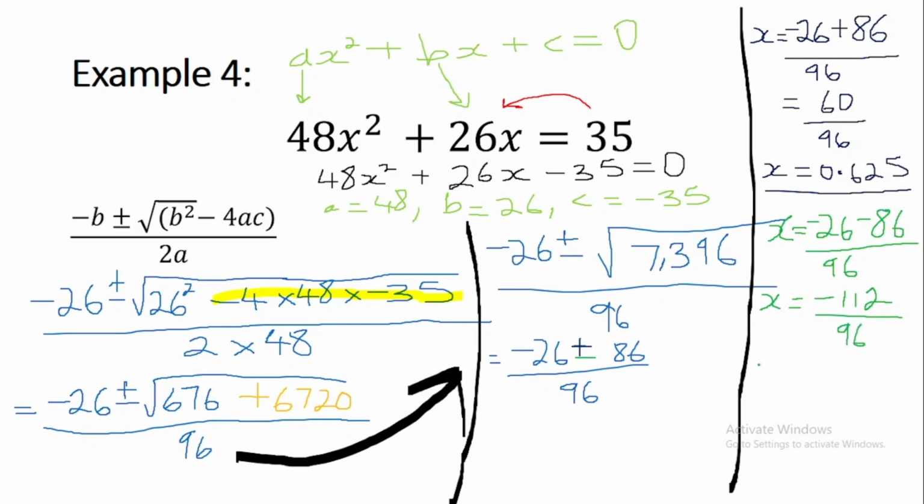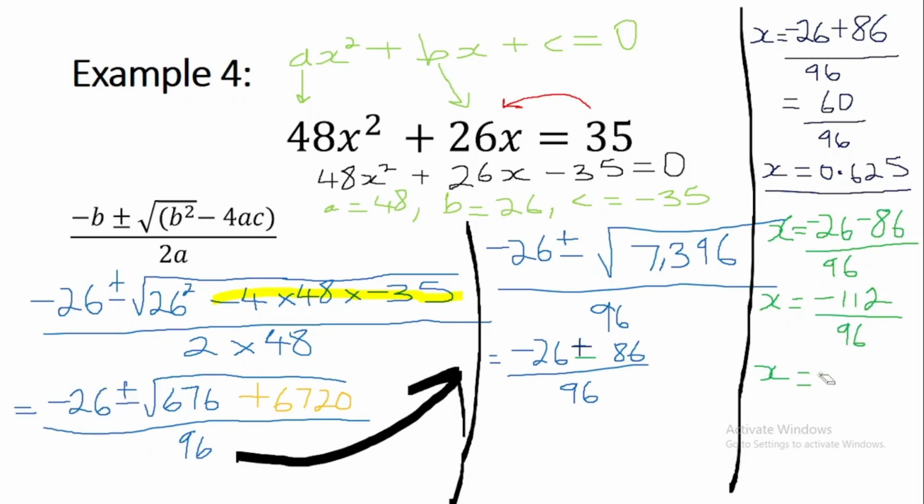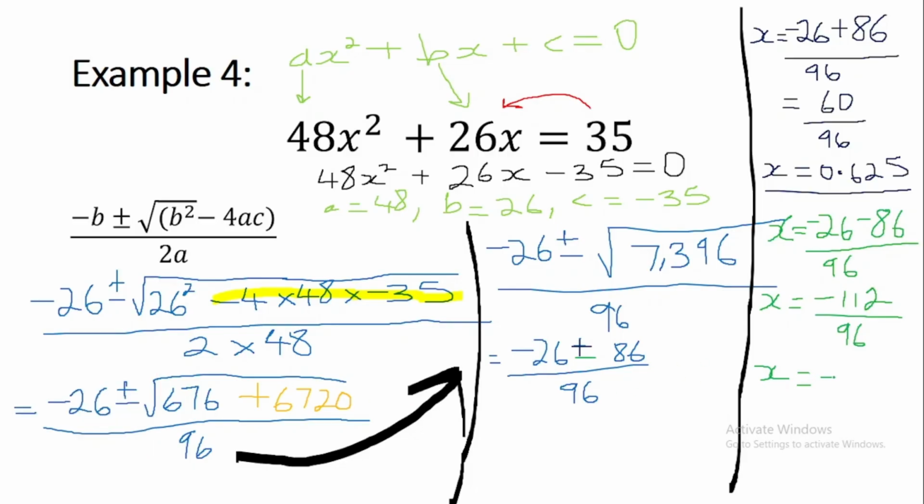And after dividing, x now is going to be equal to, so that's 112 divided by 96. That's going to give you a negative 1.167.